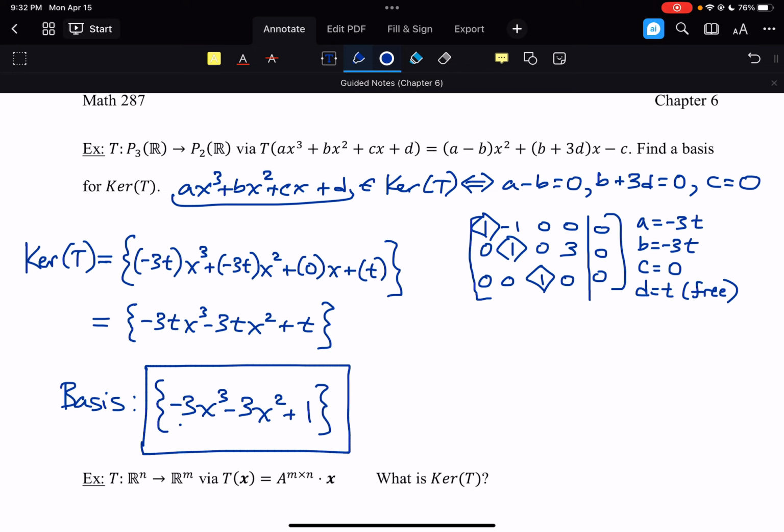And then any multiple of this, for any real number t, would produce an element of the kernel. But this is the basis for that kernel. And again, note, it didn't ask for the dimension, but we can give it. It only has one term in its basis. So the dimension of the kernel is 1.